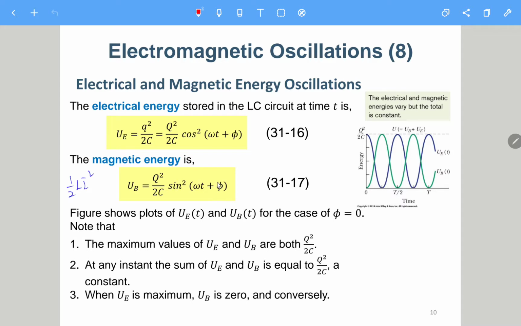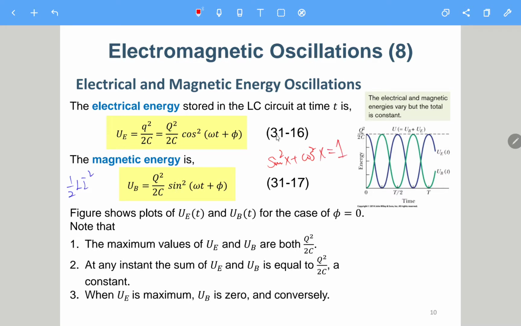Okay, so here we have something interesting, because this is cosine squared of this term and this is sine squared of this term. In high school trigonometry, you know that sine squared of x plus cosine squared of x is nothing but 1.